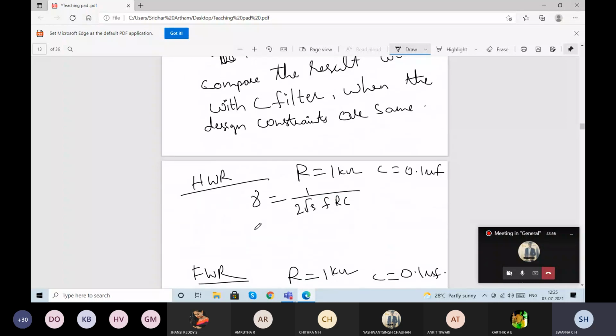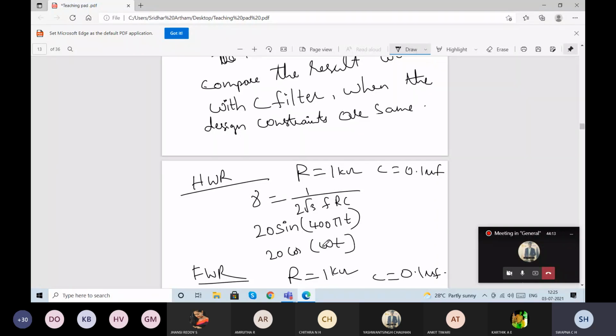The input signal he has given is 20 sin 400 pi t. Generally we take it as 20 sin or cos omega t.